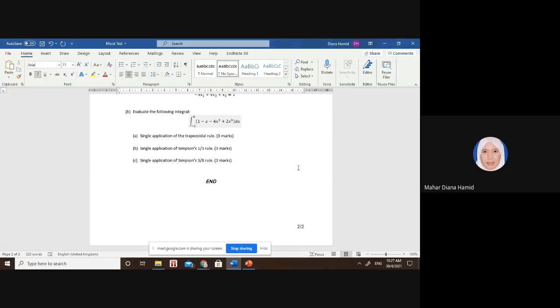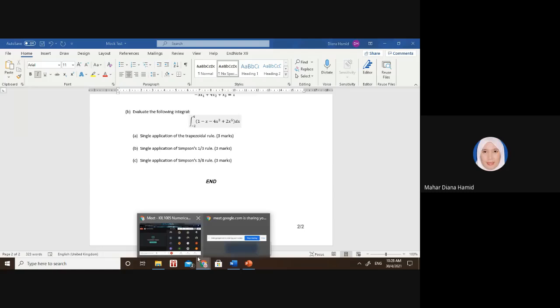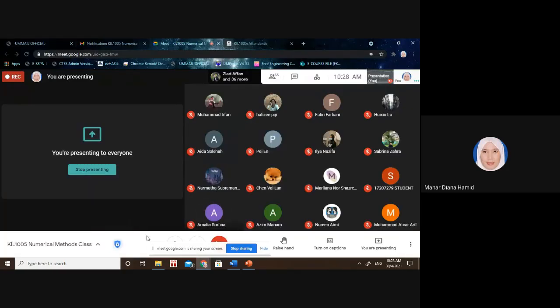During the examination, it will be recorded, and please make sure that you switch on your camera, but you do not need to switch on your microphone, only your camera. So please make sure that you have a good camera and also a good internet connection.